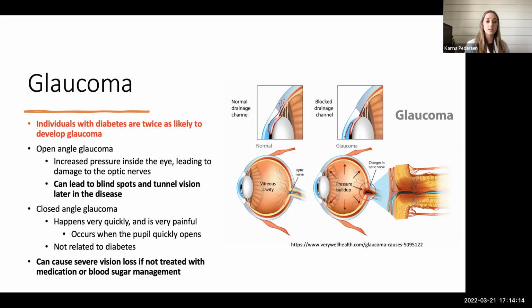Glaucoma can cause severe vision loss if it is not treated with medication or proper blood sugar management. In cases of severe open angle glaucoma, there are surgeries available and several medications. The medications work pretty well to control this.